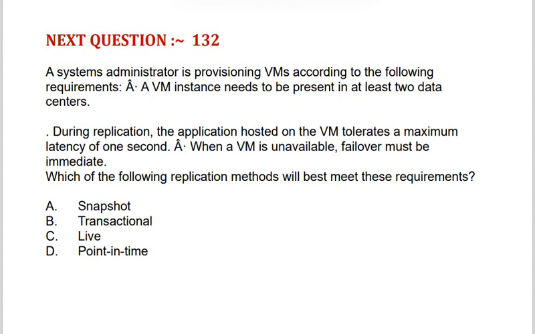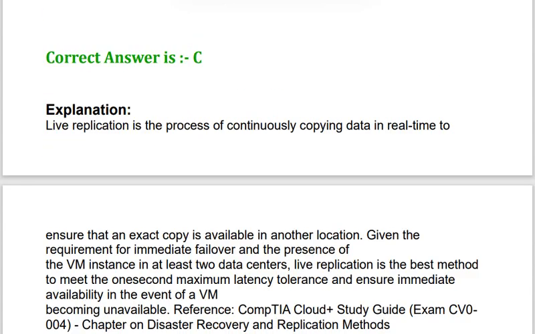When a VM is unavailable, failover must be immediate. Which of the following replication methods will best meet these requirements? Option A, snapshot. Option B, transactional. Option C, live. Option D, point in time. Correct answer is option C.